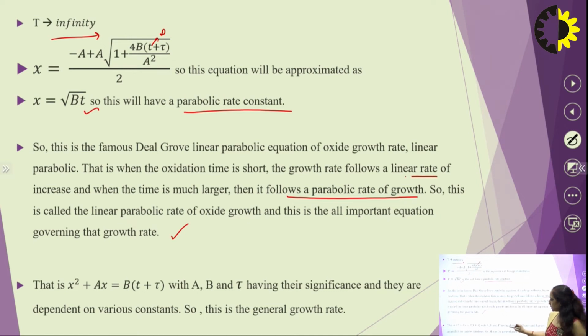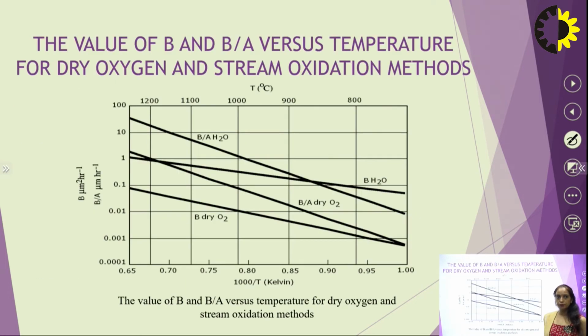This is the equation which we are going to use for the oxidation process, that is, x square plus ax is equal to b (t plus tau), where a, b and tau have their significance and are dependent on various constants. So this is the general growth rate equation.